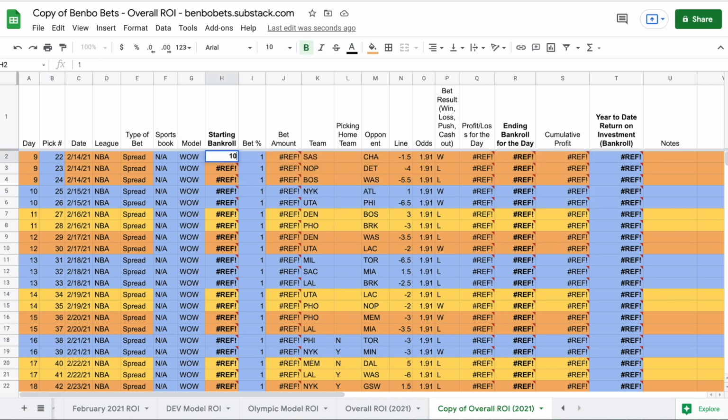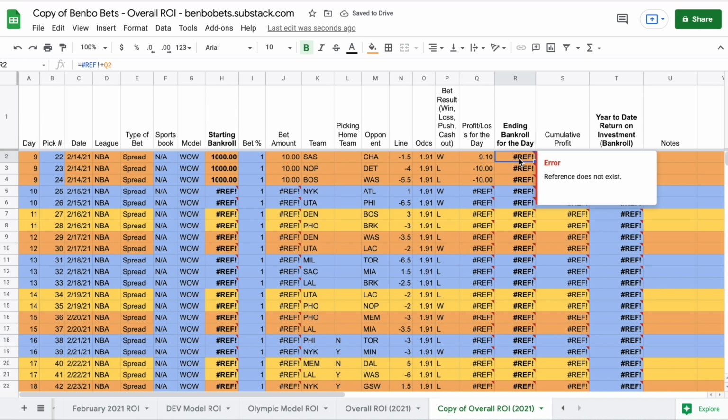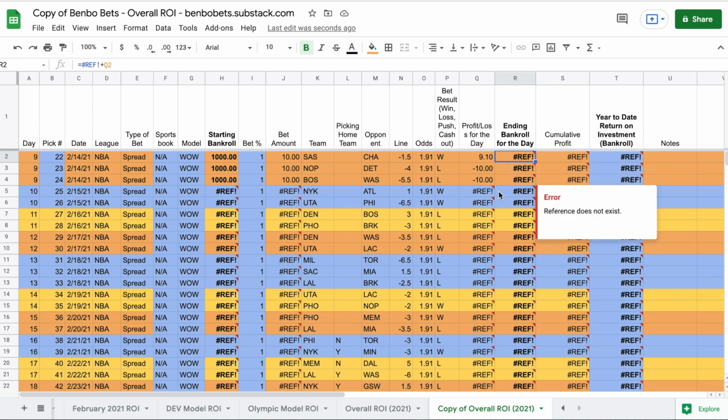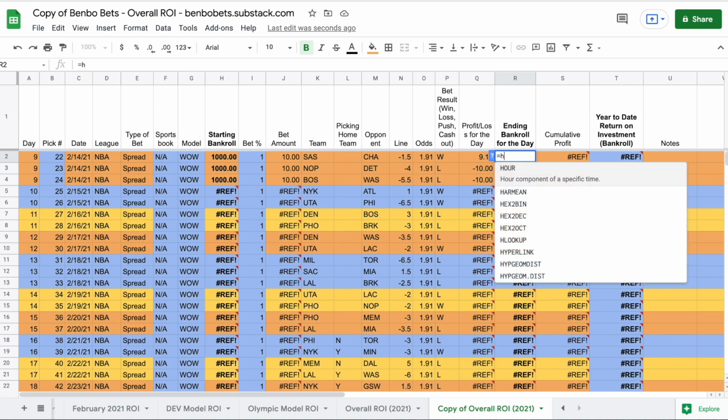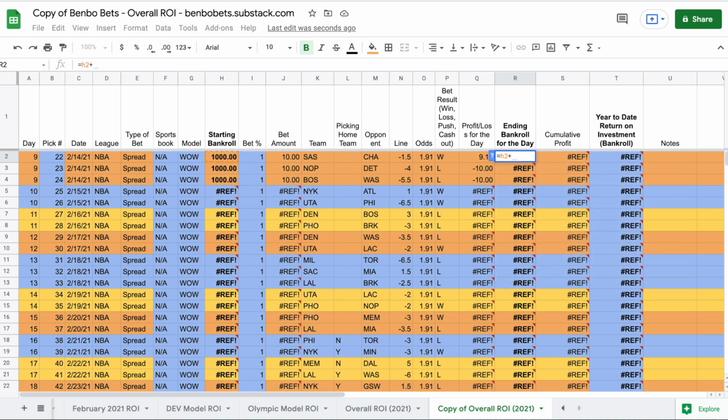Okay, so let's put the starting bankroll back to 1,000. Okay, so that autofills a couple things. And then to calculate this, what we do is ending bankroll equals starting bankroll H2 plus profit or loss for that play, which is Q2.